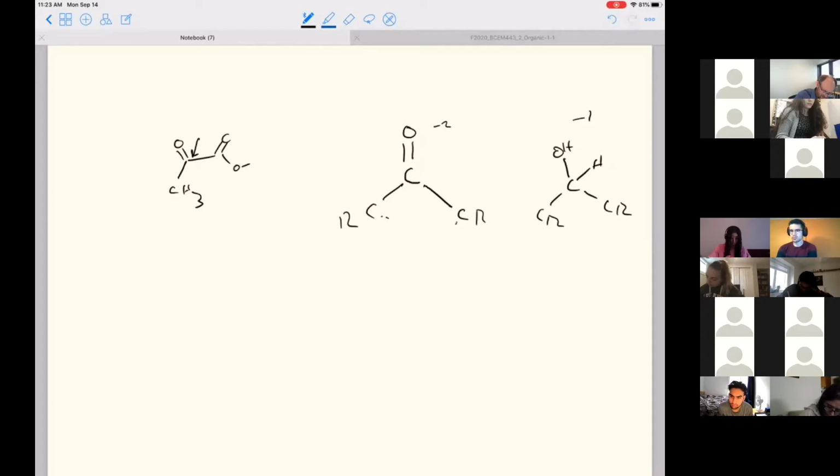So we have, in effect, gone from a -2 to a -1 state. So we have reduced it. Reduction is gain of electrons, right? From OIL RIG, you guys remember this, oxidation is loss of electrons, reduction is gain. So OIL RIG is the acronym.